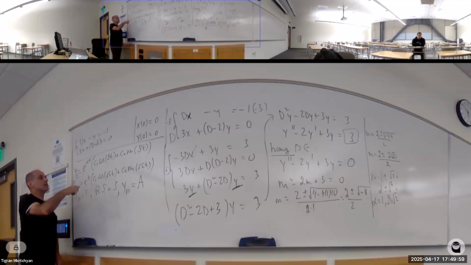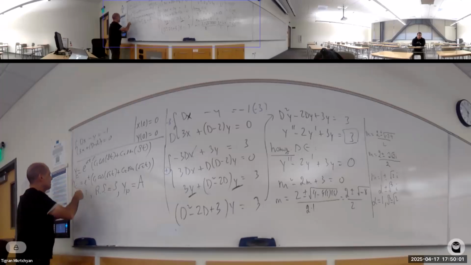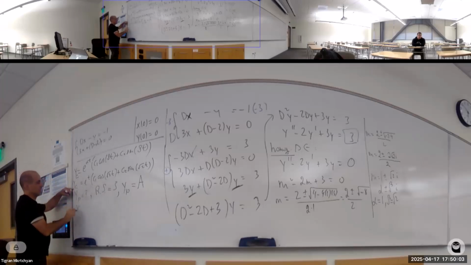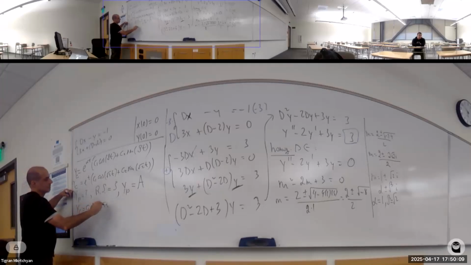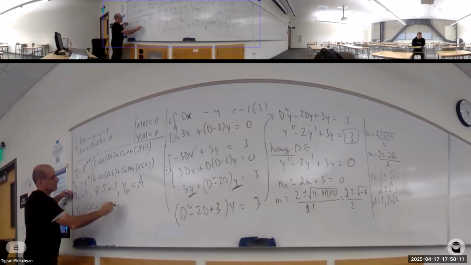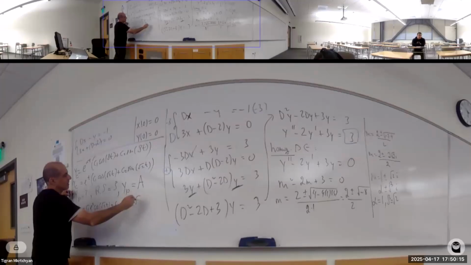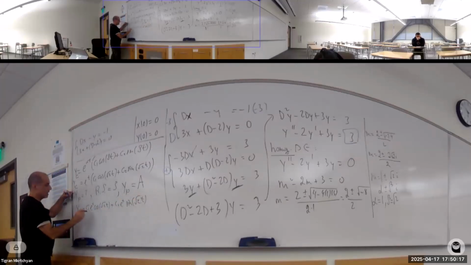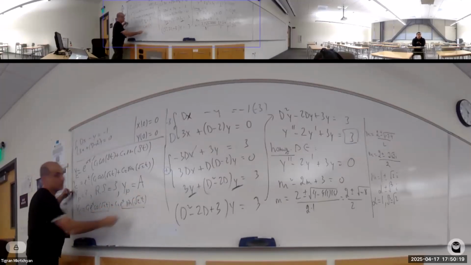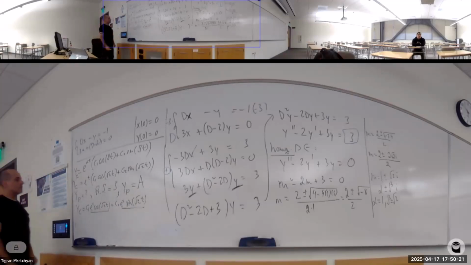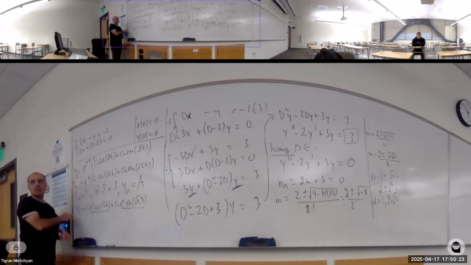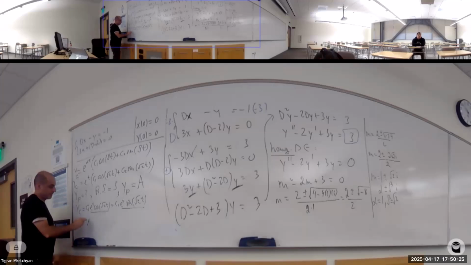So let me rewrite this: C1 e to the t times this, C2 e to the t times this. I want to write C1 times y1 plus C2 times y2. But none of them is a number alone, so there's no match.